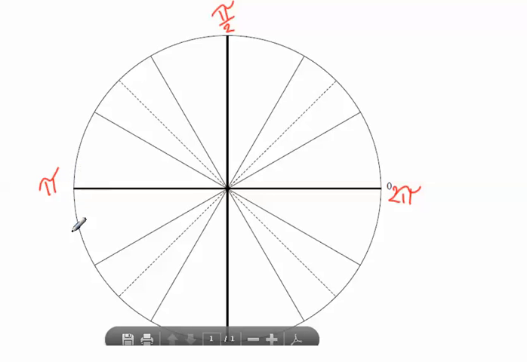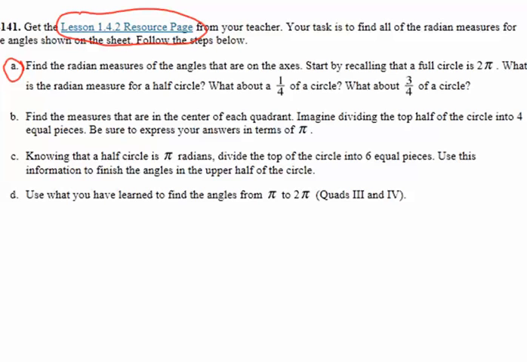And once we get down to here, now we have 3 halves. So this is 3 pi over 2. And then this is 4 halves of a pi, and that ends up being 2 pi. Okay, takes some getting used to. Let's go back and then let's fill out the rest of it.